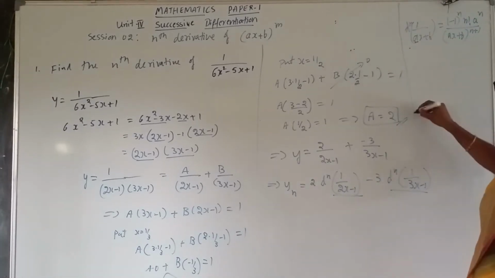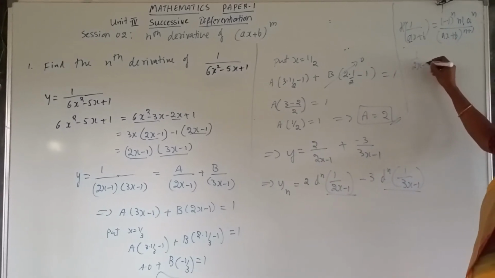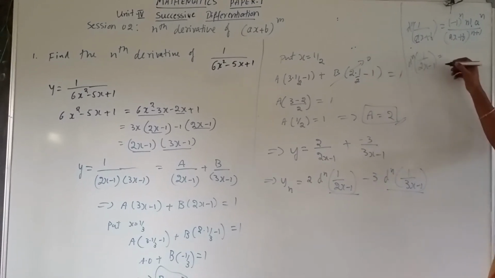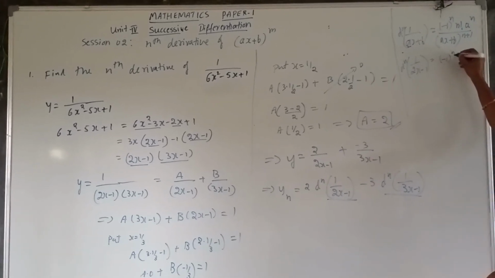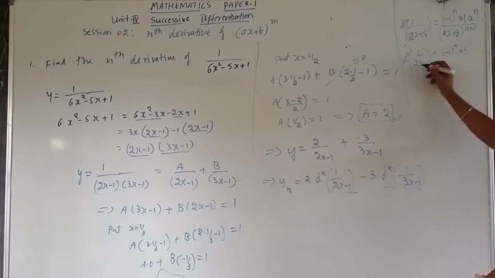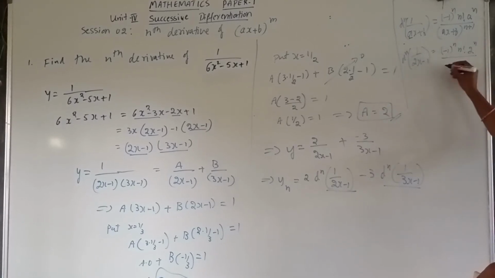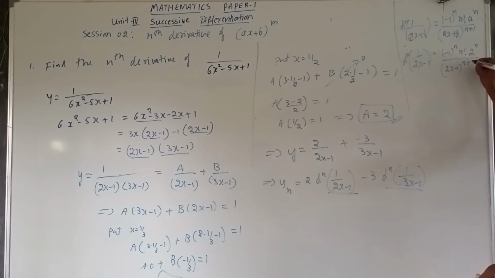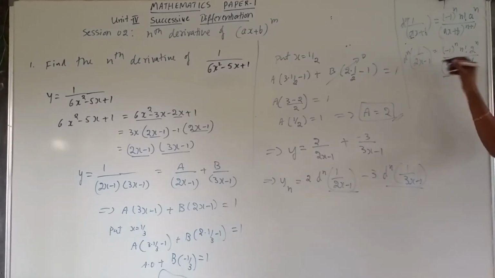Now see, when you use this formula here, the nth derivative of 1 by 2x minus 1 can be expanded. See, (-1)^n factorial n, a value is 2, so 2^n by (2x minus 1)^(n+1). So this is the nth derivative of 1 by 2x minus 1.